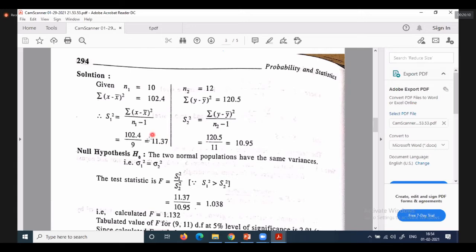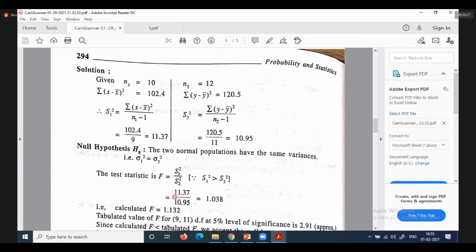Here, as the first random sample variance is greater, F calculated is equal to s1 square by s2 square. Simplifying, the F calculated value is 1.038. Can anyone guess what the degrees of freedom is here?